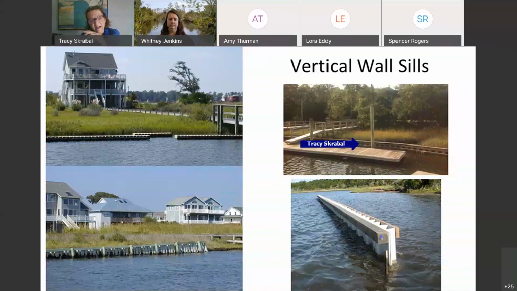So that is one limitation you need to pay attention to. This structure probably did a really great job until it didn't, and you can see it's starting to have problems. This was one hurricane that really came in and affected a number of structures, lots of bulkheads, and this particular sill.